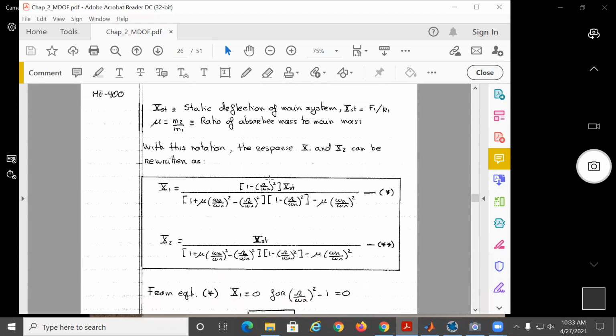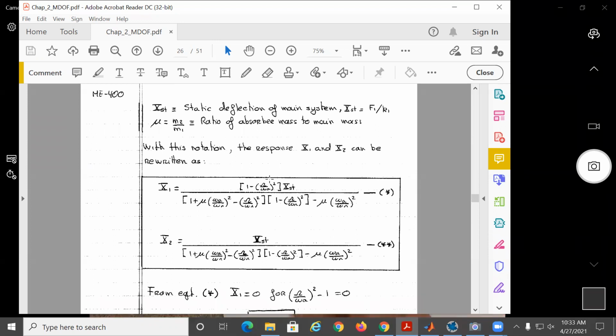So let's say we're going to get x1 equal to that long equation there, 1 minus capital omega over omega n squared, times x static.